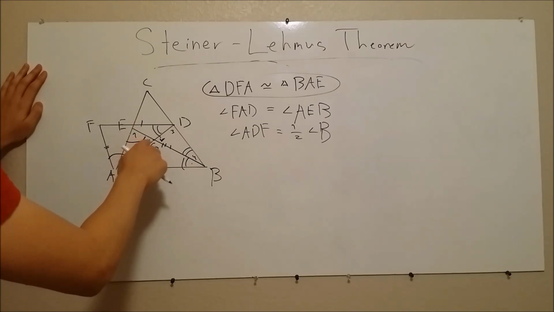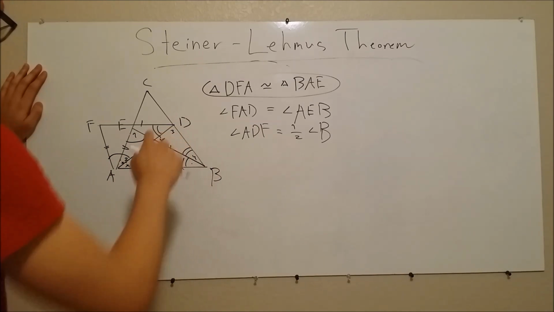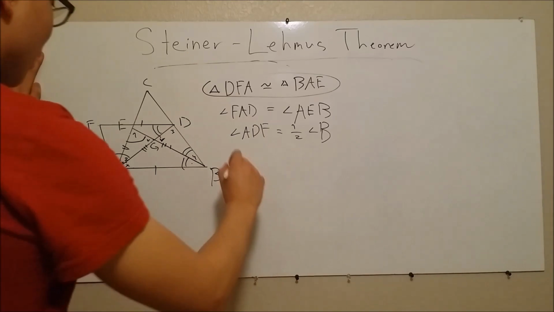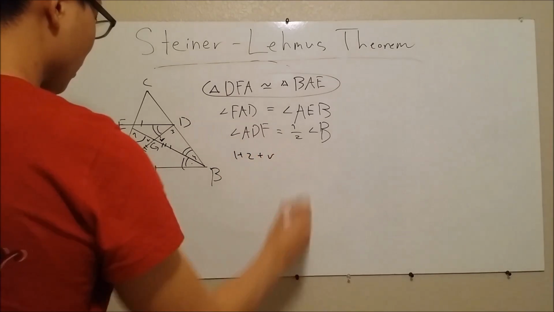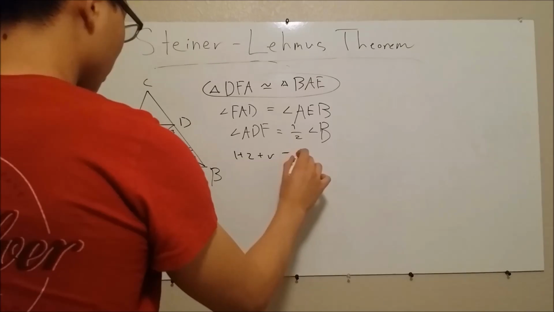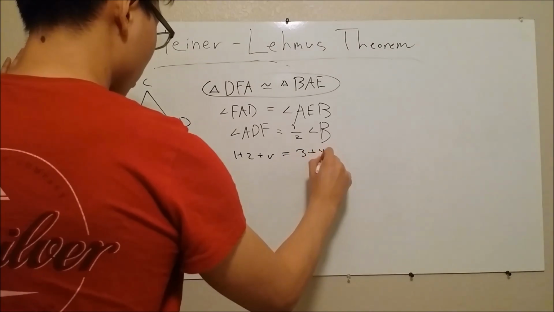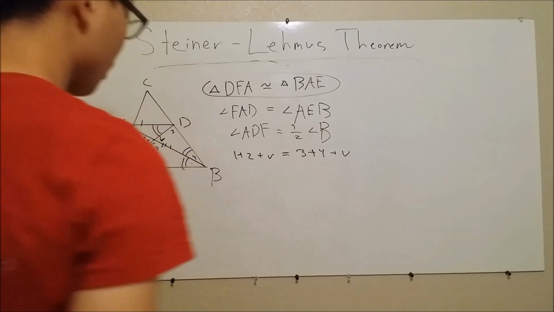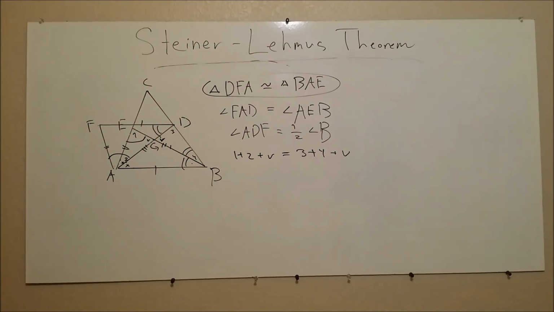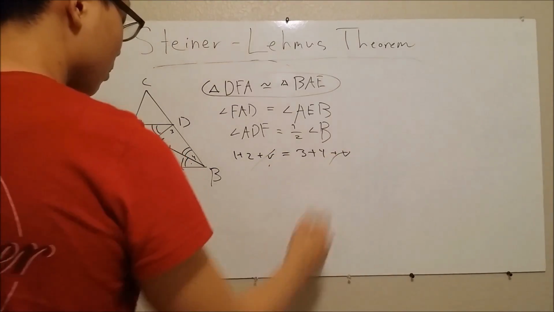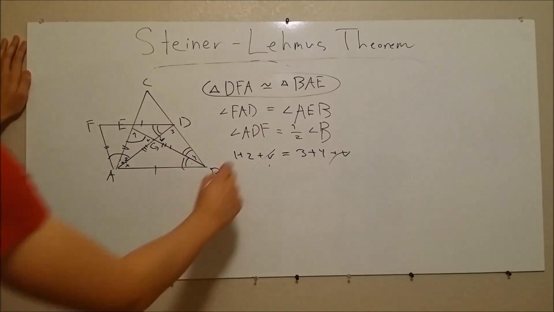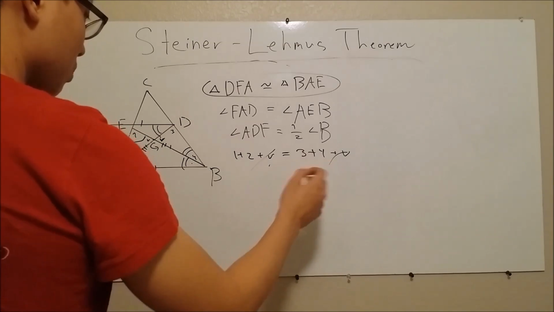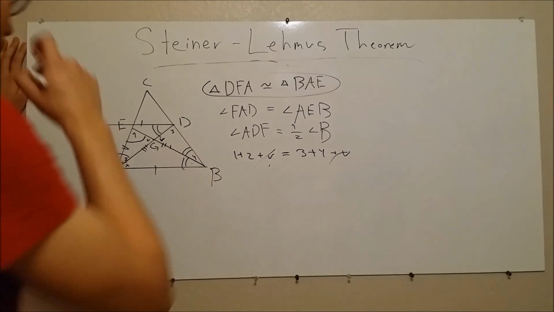So this thing plus V is the same as this thing plus V, so 1 plus 2 plus V is equal to 3 plus 4 plus V. And it seems pretty obvious, subtracting V from both sides, that angle 1 and 2 must be equal to angle 3 and 4. So let's write this out.